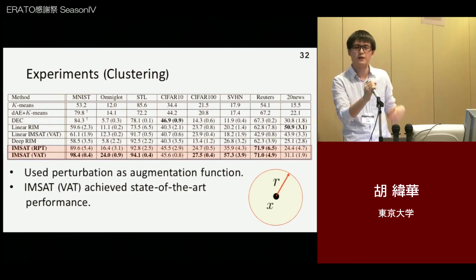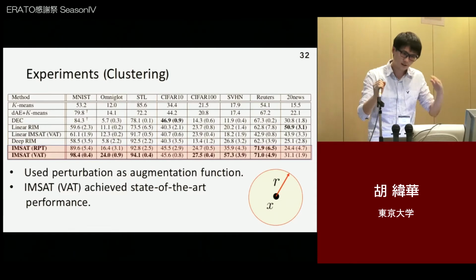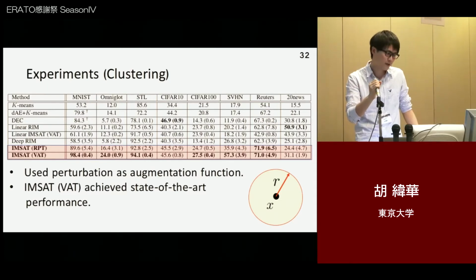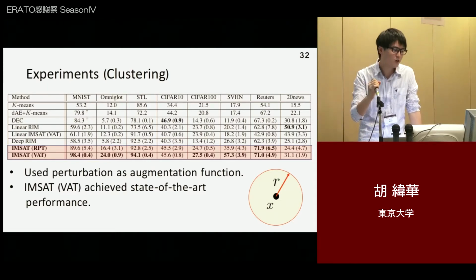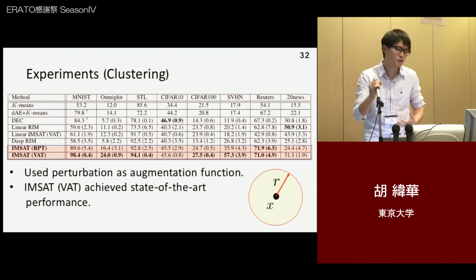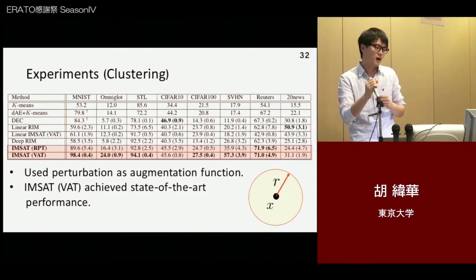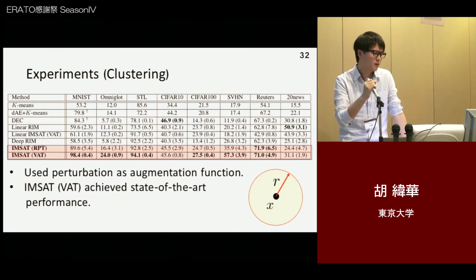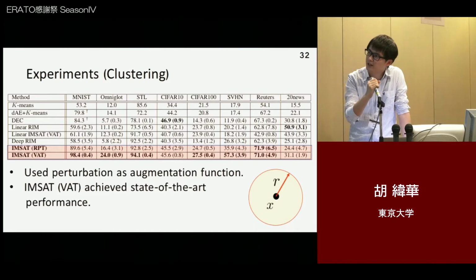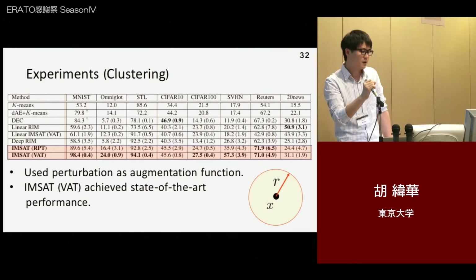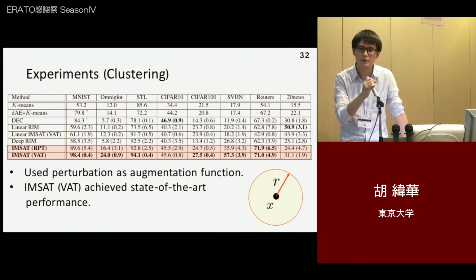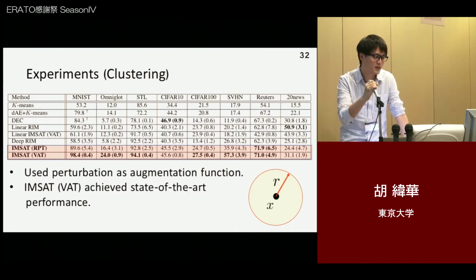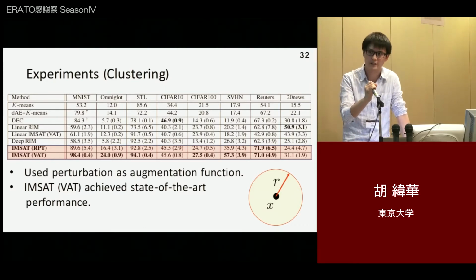Our proposed methods are highlighted in red. For self-augmented training, we use input perturbation as the augmentation function, particularly random perturbation training and virtual adversarial training. We see that our method using virtual adversarial training achieved state-of-the-art performance on the task of clustering on many benchmark datasets.